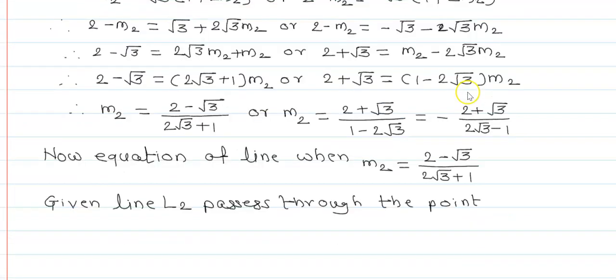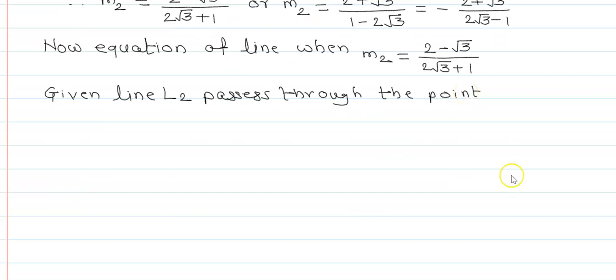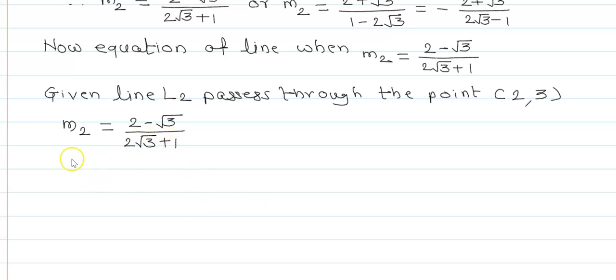Okay. Here the point is 2, 3. The slope is m2, 2 minus root 3 upon 2 root 3 plus 1.